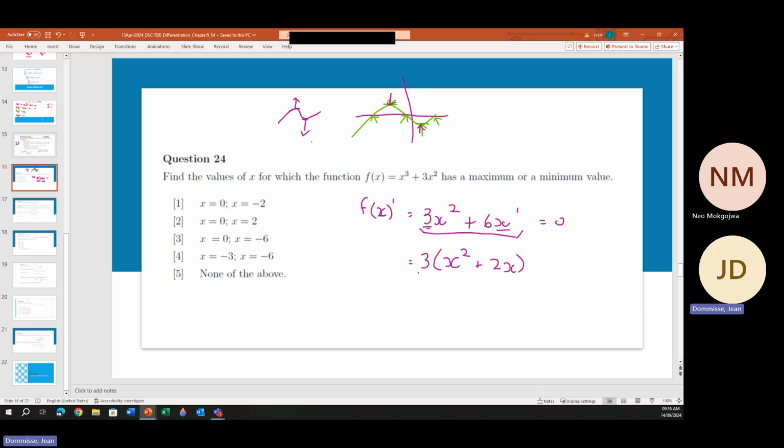Then I see here's x to the power of 2, here's also an x, so there's actually an x in both. So the second step is taking an x out of each one. x to the power of 2 divided by x will leave me with x. 2x divided by x will leave me with 2.